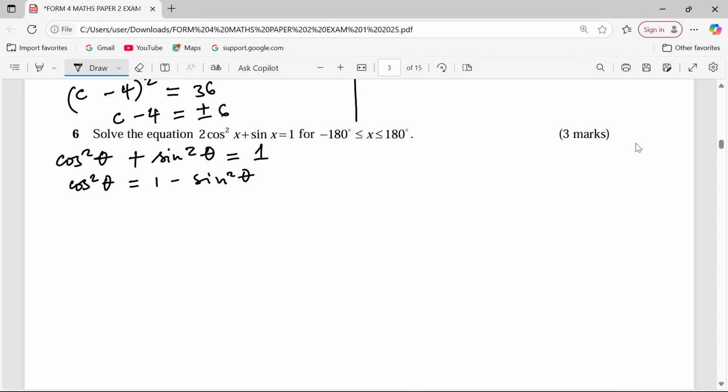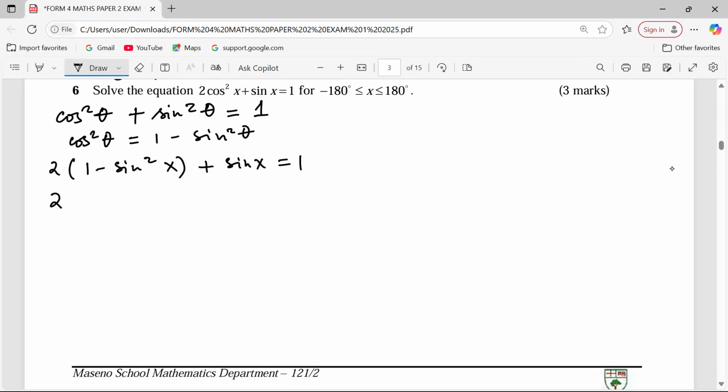Applying this identity in the equation that we have, it means 2, and instead of the cosine squared of x, 1 minus the sine squared of x, plus the sine of x equals 1.